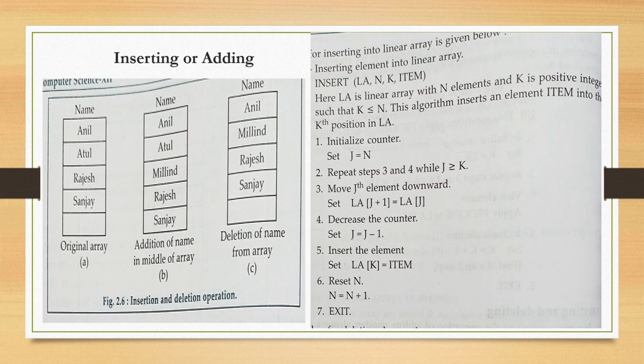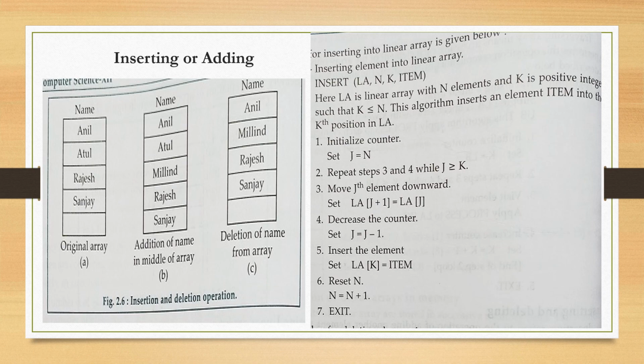If you want to add it in the middle, this is the algorithm for adding an element in a linear array. Suppose LA is a linear array, then define a variable J and put it in a loop. N is the highest length of the array.